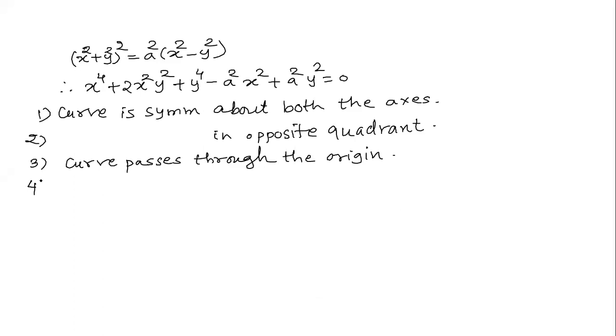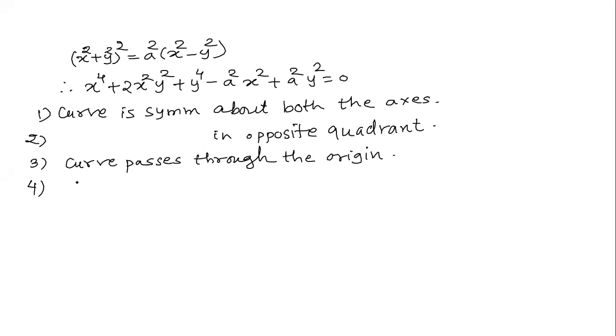Property number 6 is: if curve passes through origin, then the tangents at the origin are given by equating to 0 the smallest degree terms in the equation. So degrees 4, 4, 4, 2, 2, and the last two terms are with minimum degree.